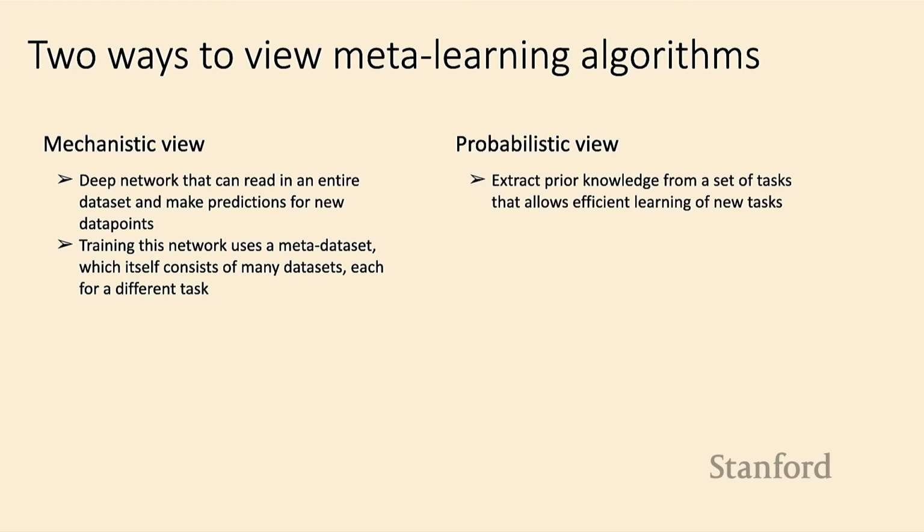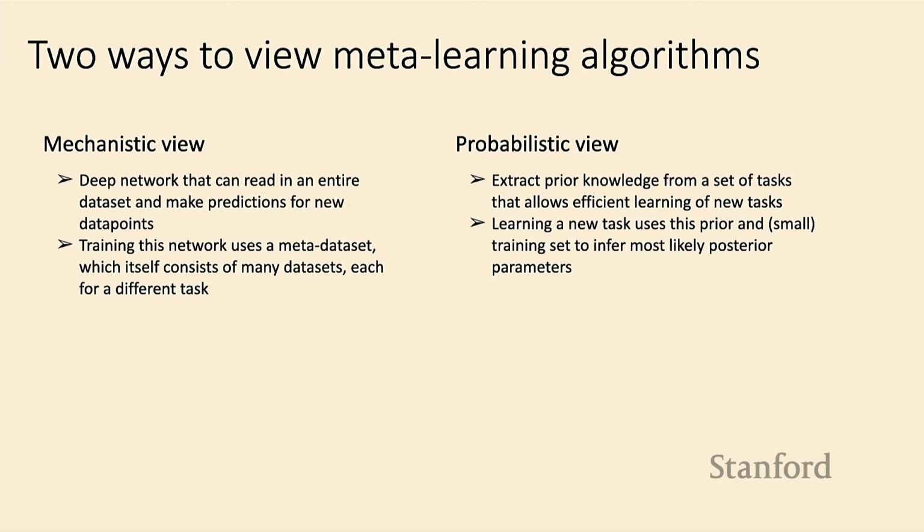Whereas the probabilistic view is thinking about how we may try to extract prior knowledge from your set of training tasks and impose that prior at test time when trying to learn, so that you can learn with less data. In the next few lectures, we're going to really be focusing on the mechanistic view, which will make it easier to think about how to actually implement these algorithms in practice. But we'll come back to the probabilistic view in a few weeks.